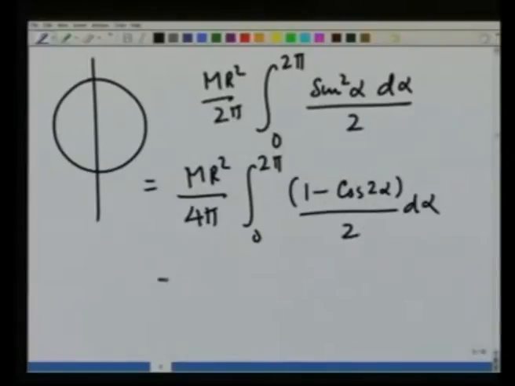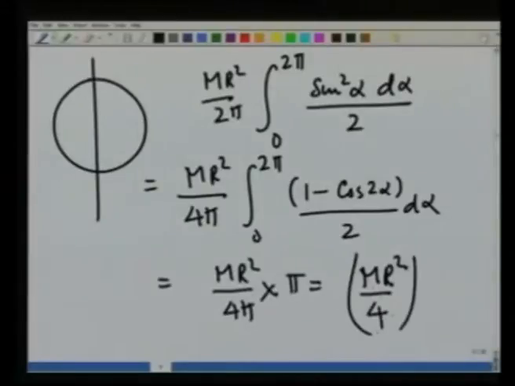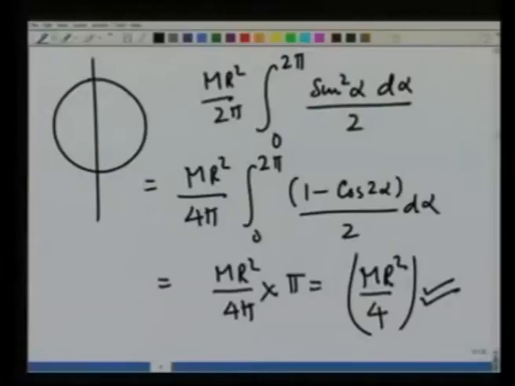This you can see right away is nothing but mr square over 4 pi times pi, which is mr square by 4. A result again you are well familiar with. So, for a disk about its diameter, the moment of inertia is mr square by 4.